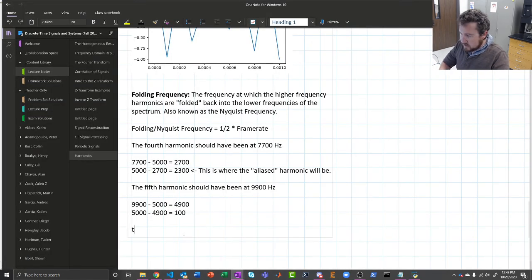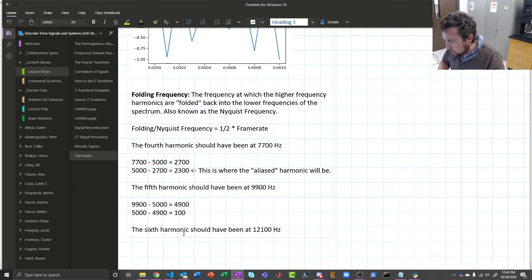So for example, the next one would be the sixth harmonic. Should have been at what? 7, 9, 11. So what? 121. 12,100 hertz. I think that's correct. So 12,100 minus 5,000 gets us 7,100.